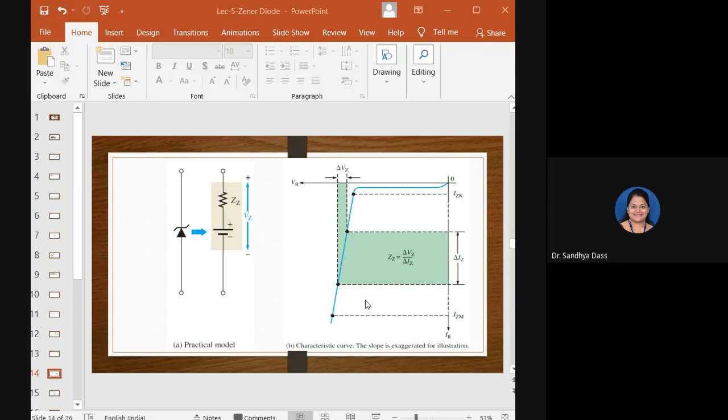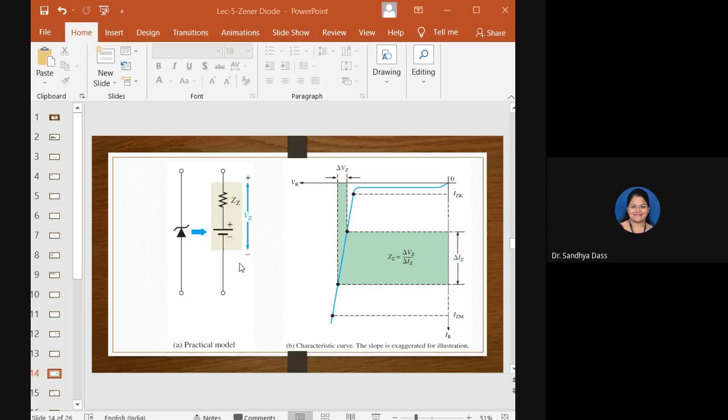This is just for explanation and illustration. But you have to understand that for a small change in Vz, there will be a change in the Zener current. From that, we observe there will be variation in the Zener impedance. So in the approximate model for the Zener diode, we replace it with the DC supply along with the Zener impedance, as shown here. So that is the point there.